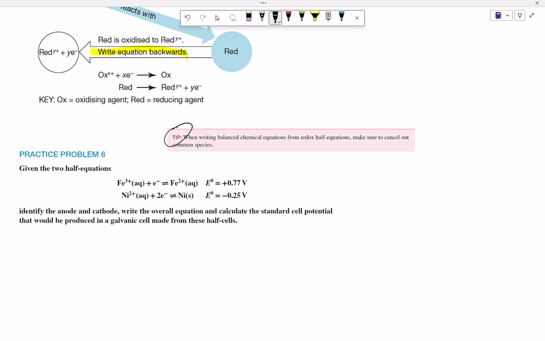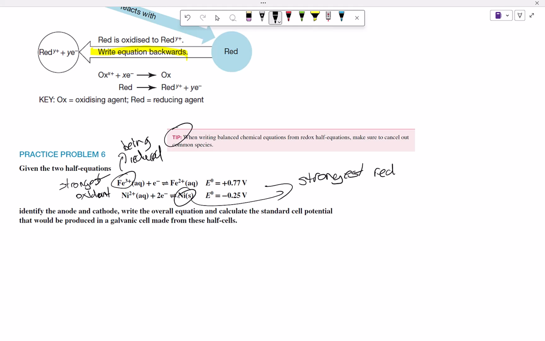So, just to highlight, strongest oxidant, which means it's been reduced. This is strongest reductant, and therefore it's going to be oxidized.